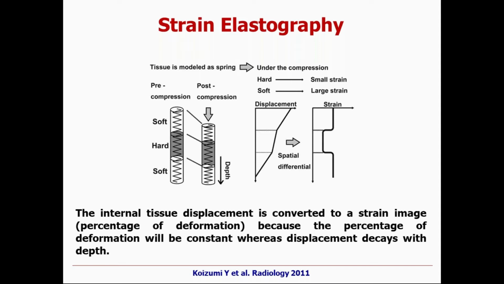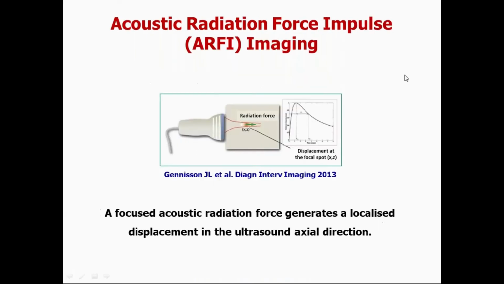In strain elastography, the internal tissue displacement is converted to a strain image, that is the percentage of deformation. The percentage of deformation is constant, whereas the displacement decays with depth. And using strain elastography, the image with depth is of course more clear.